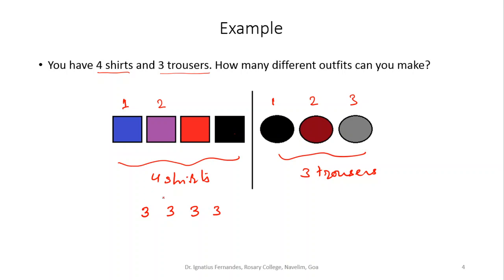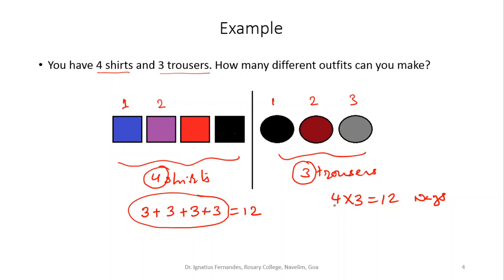So each of these 4 shirts gives me 3 and 3 and 3, and so the total number of outfits that I have is 12. So the rule of product directly says, if this event can happen in m ways, that is 4 ways here, and this event can happen in n ways, that is 3 ways here, then both these can happen in 4 into 3, that is 12 ways, and that's how we get this 12.